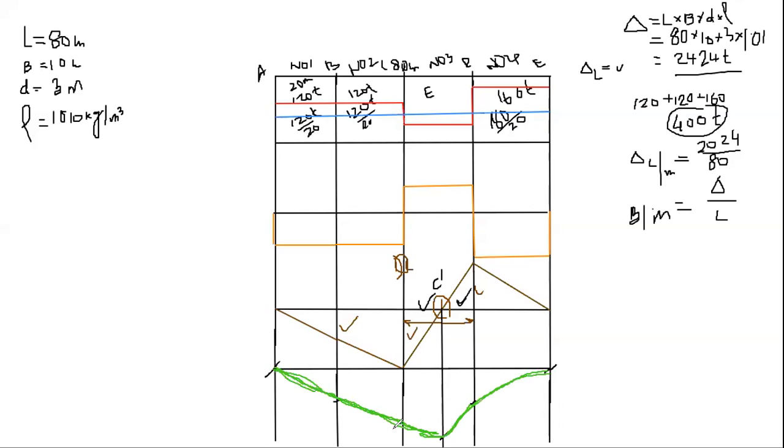It means this point will be slightly lower. So this curve will pass through this line, and then you'll get a curve like this.